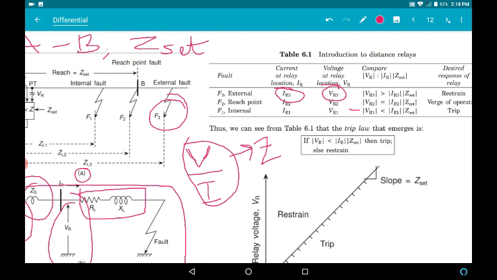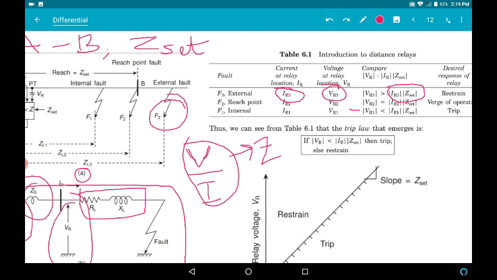We will measure the voltage in terms of current into Z set. So VR3 is greater than IR3 into Z set. That means the relay will not operate. Why? Because VR upon IR, which is the impedance seen by the relay on the transmission line, is greater than the set impedance which we have set.